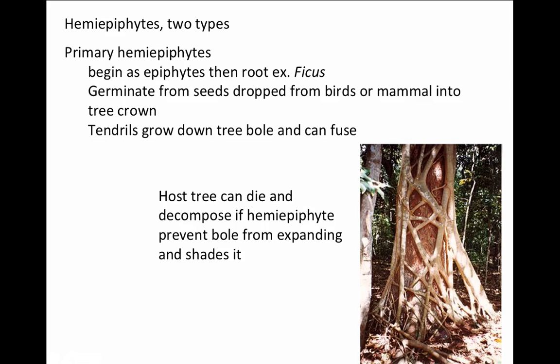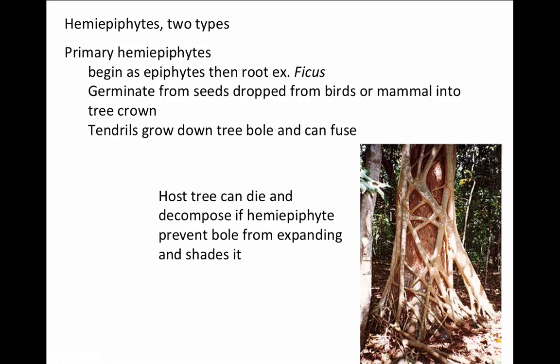Now, there's also the term hemiepiphyte. So they're partially epiphytic, and there's a primary, and we'll talk later, secondary. So the primary hemiepiphytes begin up in the trees. So how they get up there, probably seeds that were dropped by birds or mammals into the tree crown, and they start growing in the crown of the tree.